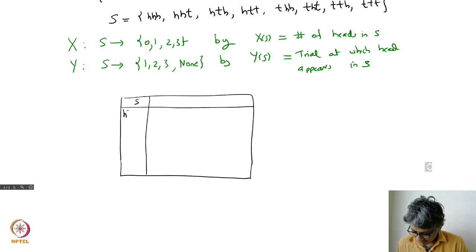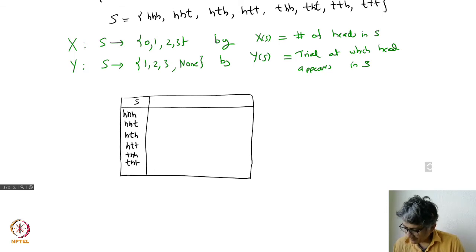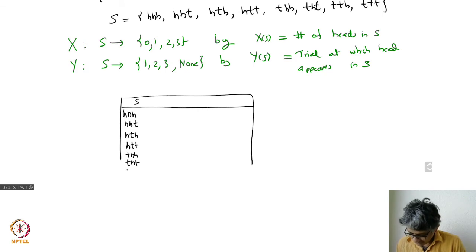I have H, H, H, H, H, T, H, T, H, H, T, T, T, H, H, T, H, T. Erase the bottom line. Second, I have to go THH, TTH, and then TTT. These are the 3 columns I have. And I go down all the way.